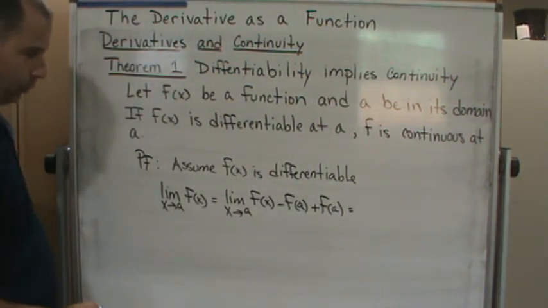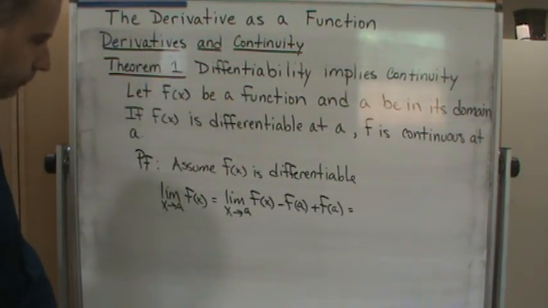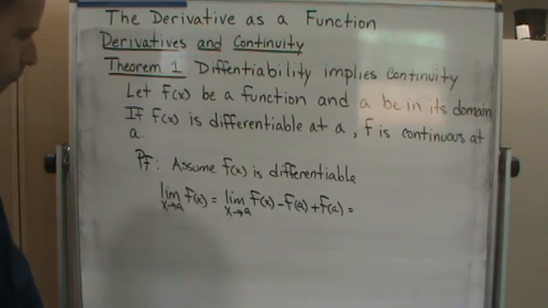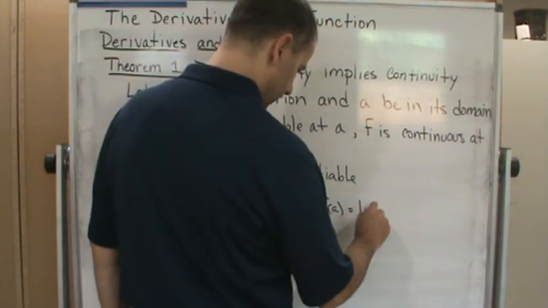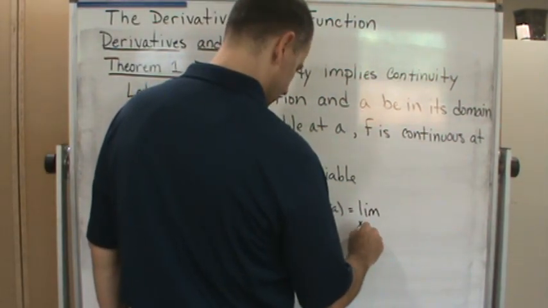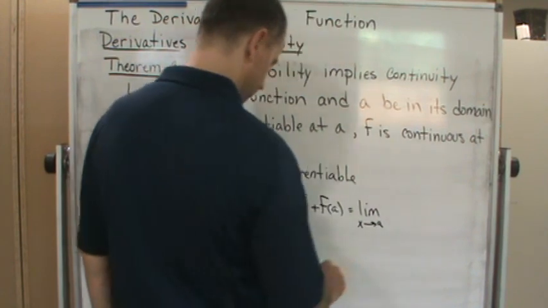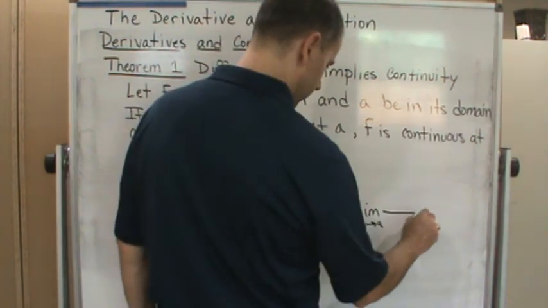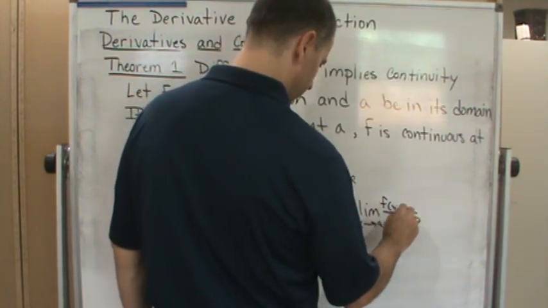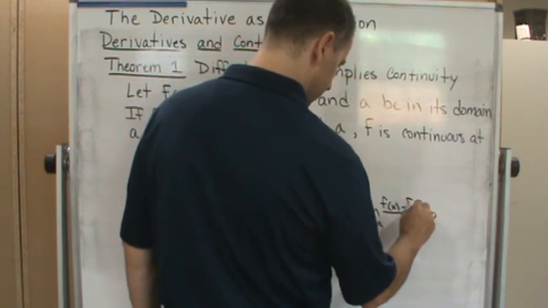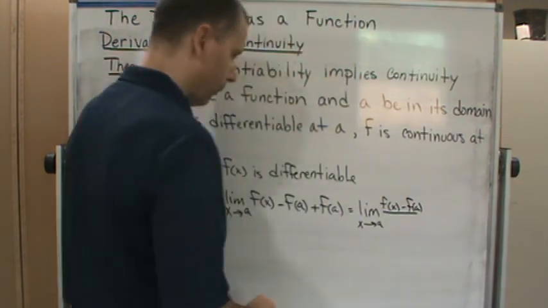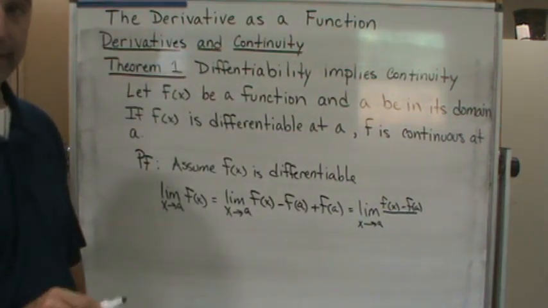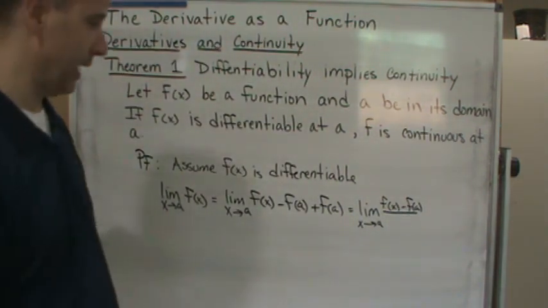Now what I'm going to do is separate this out. So I'm going to write this limit as x approaches a of f of x minus f of a. Now I'm going to multiply the top and the bottom by x minus a.